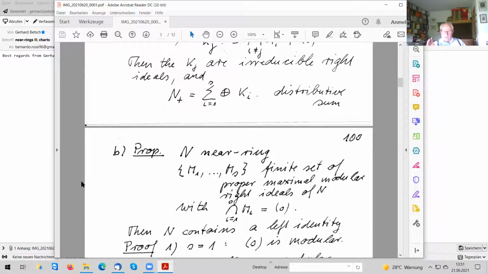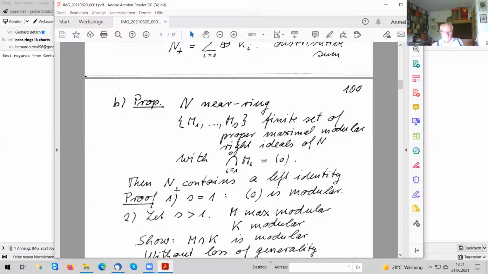We have for each of these MIs a left identity modular this right ideal. But the point of this proposition is that we can climb up to a common left identity of the whole Near-ring.